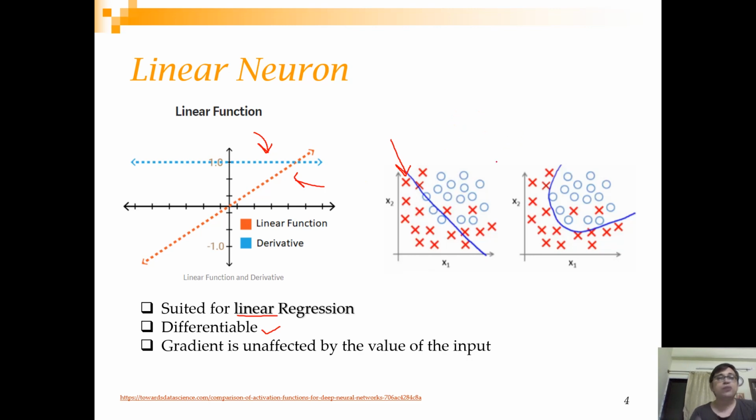So the second property of an activation function is that it should introduce non-linearity. This non-linearity allows neural networks to discover complex non-linear structures or patterns.